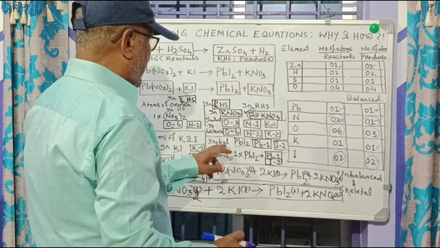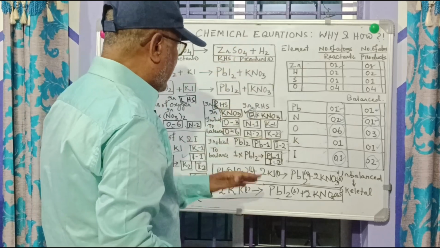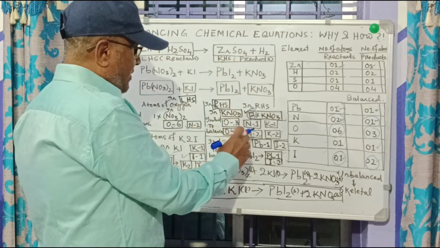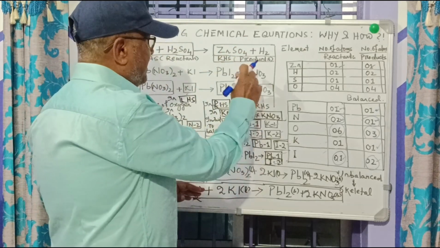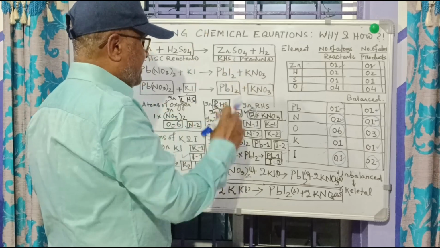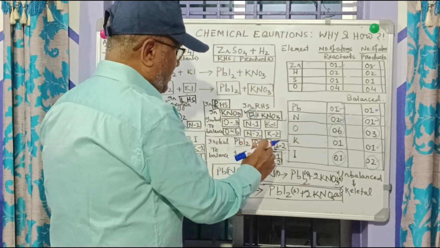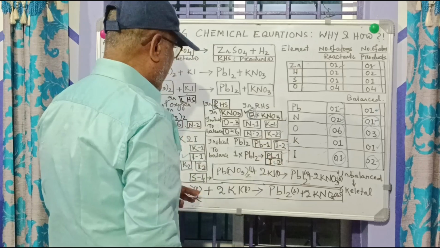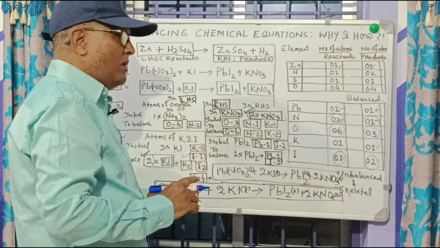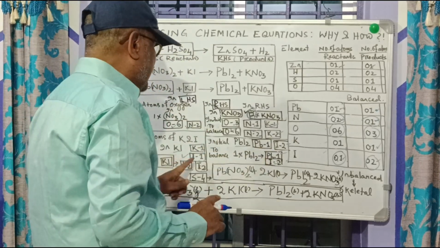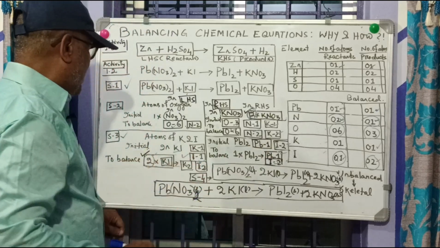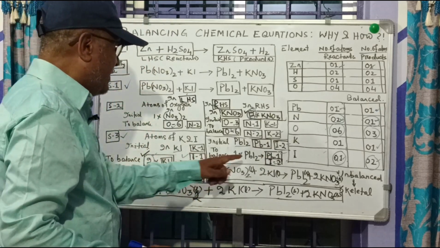But in the reactants, iodide is present in the form of lead iodide. So the number of lead is 1 and iodine 2. So we have to balance iodine here. What do we have to do? Here iodine 1, here iodine 2.